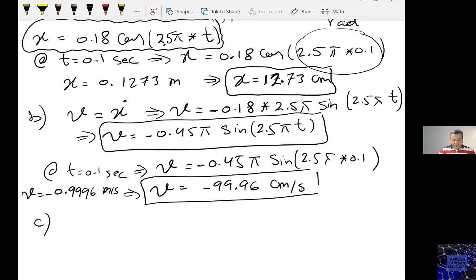C, acceleration, is the second derivative of the displacement, or the derivative of the velocity.